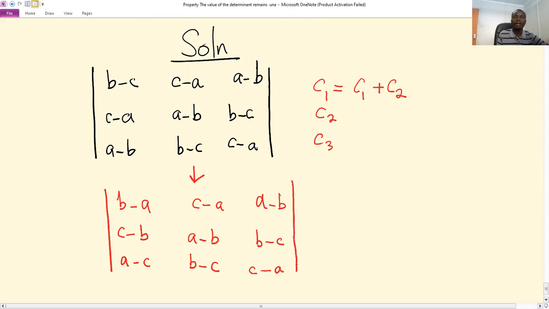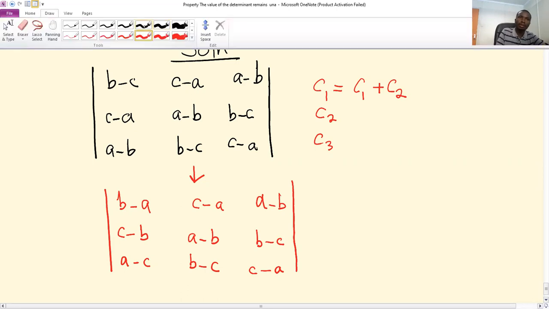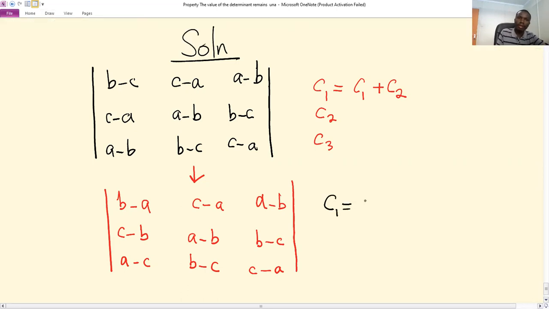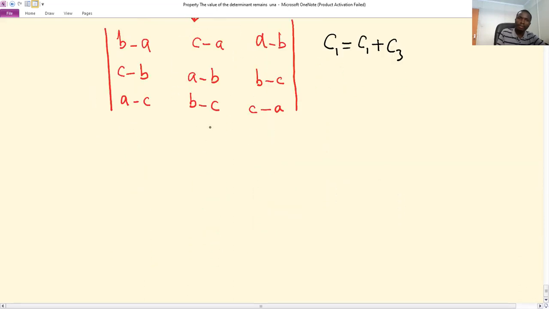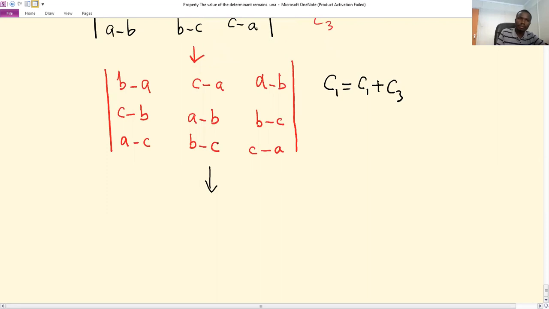Remember, adding a scalar multiple of a column to another column doesn't change the value of the determinant. Now, in the next step, I take column 1 and add it to column 3. So b minus a plus a minus b is 0.